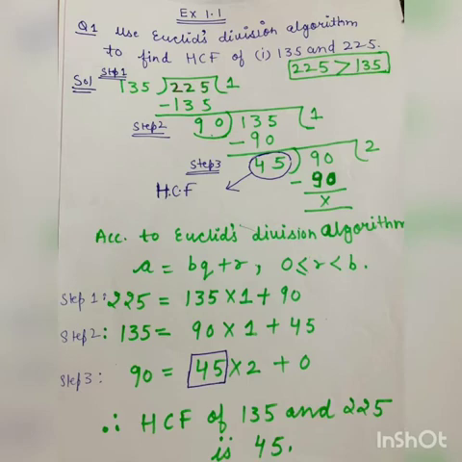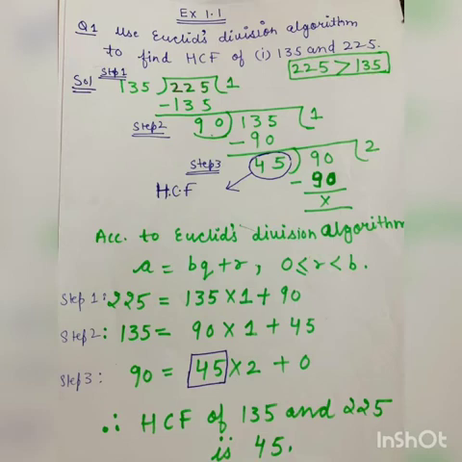We shall get the remainder 90. In next step, what shall we do? 90 is a remainder which will become here divisor, and 135 which was divisor in first step would become here dividend. So we shall divide 135 by 90. We shall get remainder 45.